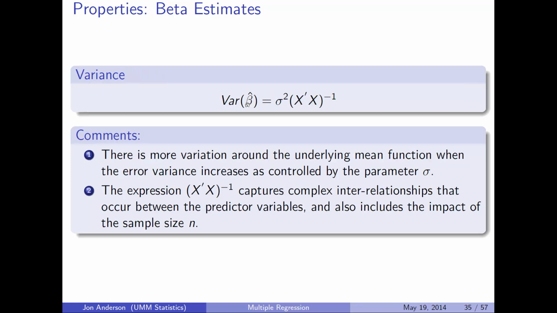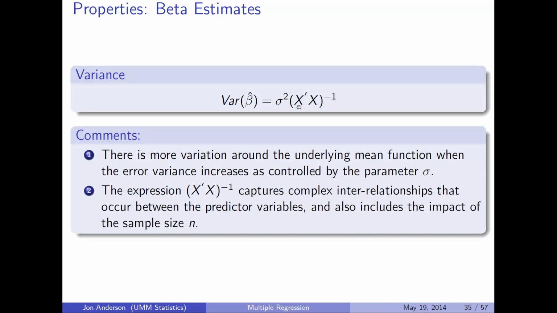The variation has a more complicated formula. Notice it involves the variation in the data creation process, and that should make sense because more variation in the data system should give us more uncertainty and variation in our beta estimates, and it does.